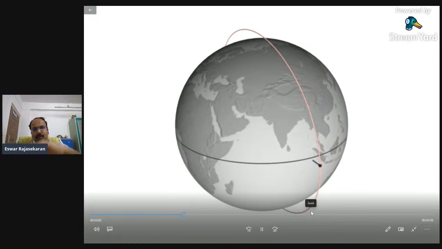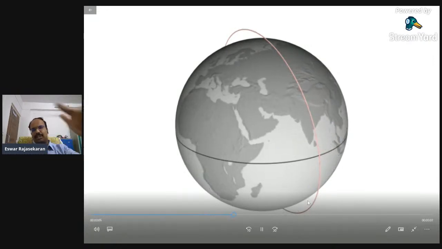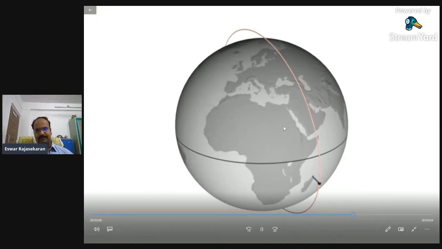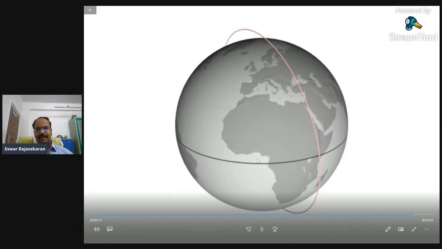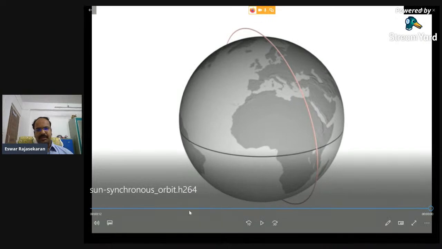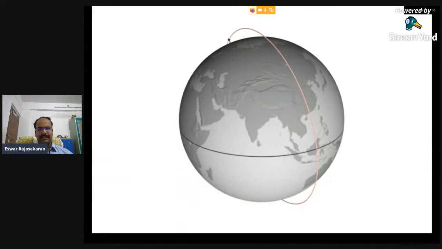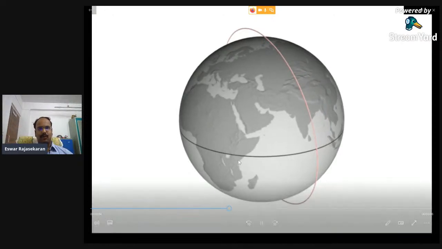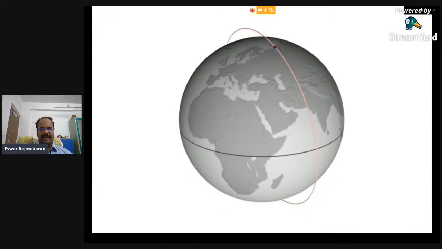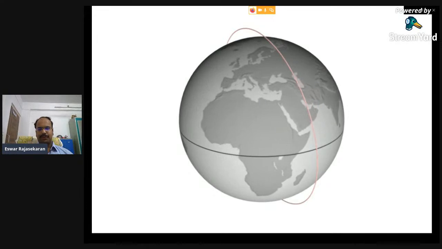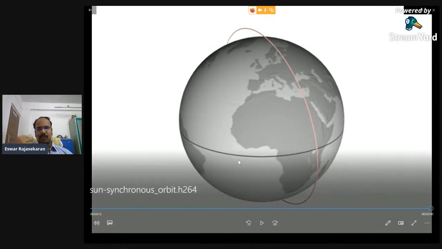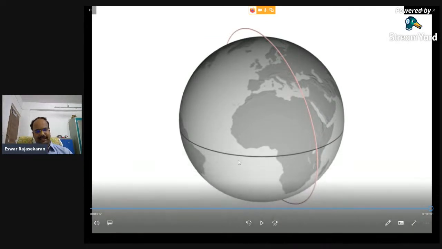The satellite will be moving around the Earth almost in a perpendicular direction to Earth's motion, and Earth will be moving under it, again in a perpendicular direction to the satellite's motion. Essentially, Earth is moving from west to east, and the satellite will be moving from north to south regularly in a fixed orbit. So different portions of the Earth will be covered as Earth and satellite move together. This is one example of providing global coverage.